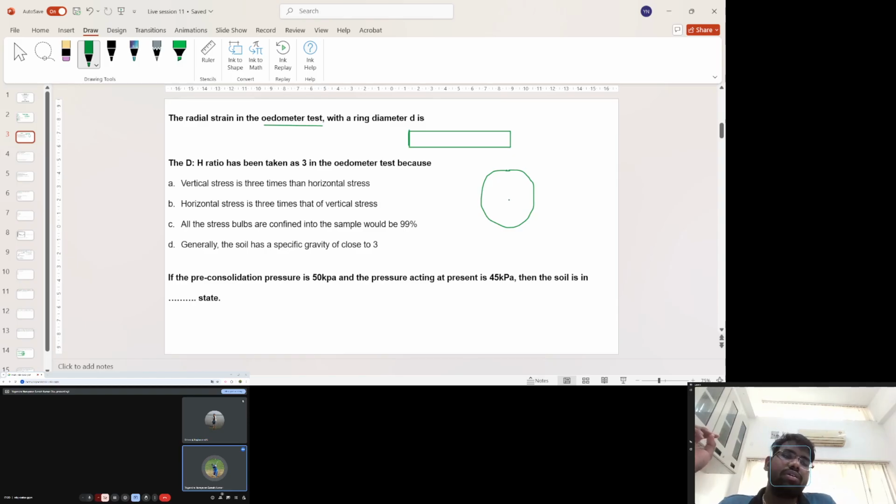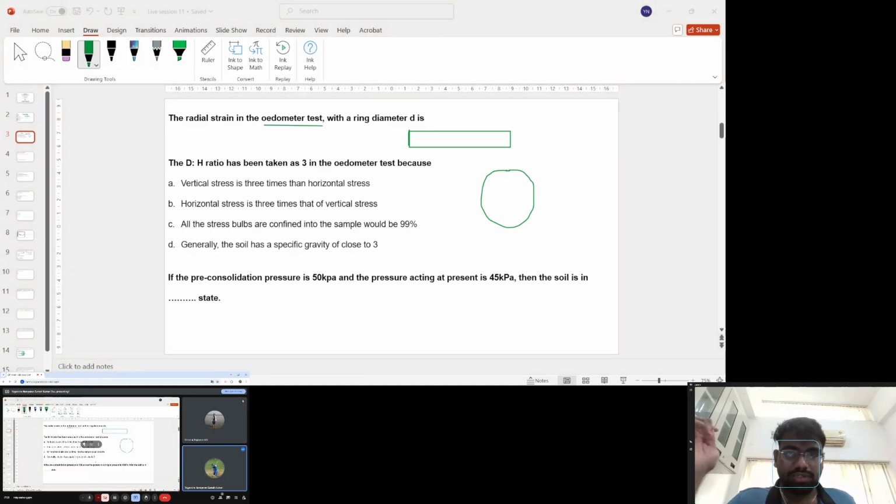Even when you apply the load, the soil mass tends to deform in the radial direction also. So that is the primary behavior of the soil. But the rigid boundary of the oedometer ring prevents it from moving in the radial direction, and hence the radial strain will be how much?